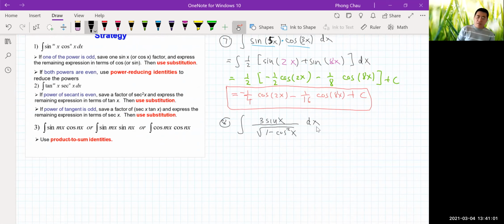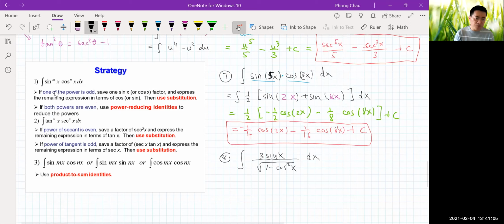Now one thing, again, it looks not quite the same. If you look at the strategy here, you have sine and cosine with powers, this is what you do. Tangent and secant, this is what you do.